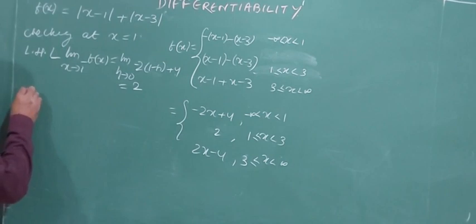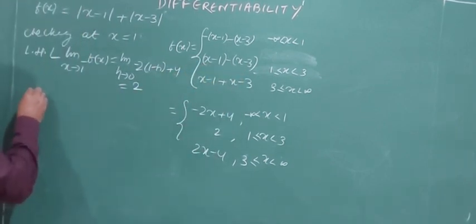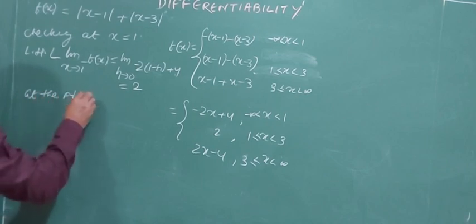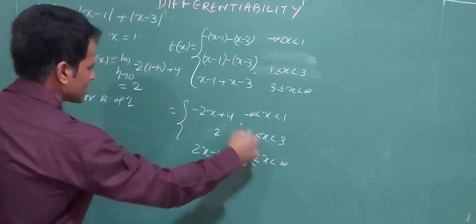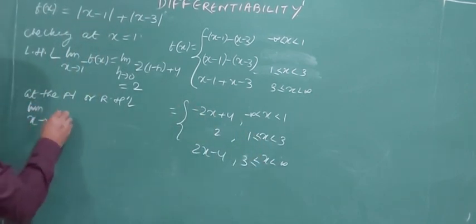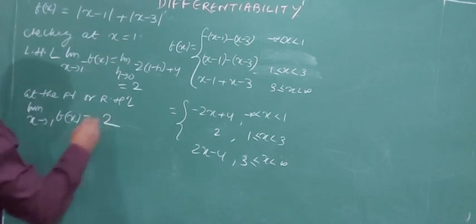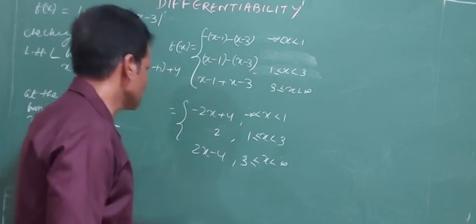That gives you 2. Alright? At the point, this calculation is 2. Then at the point, or RHS, whichever you take, the same value. x is greater than or equal to 1. Limit x tends to 1, f of x is equal to 2. RHS also you take, the value is 2.